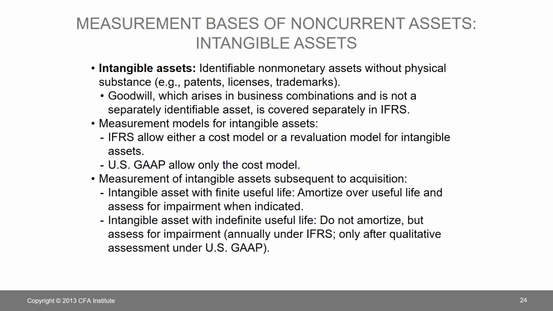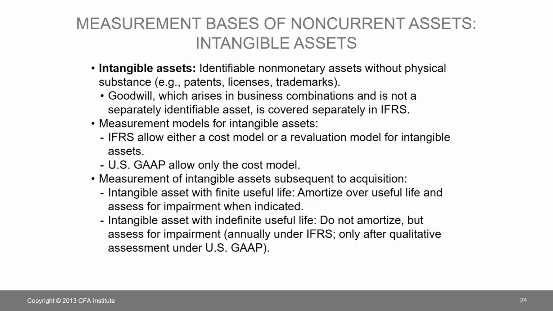An intangible asset with a finite useful life is amortized on a systematic basis over the best estimate of its useful life, with the amortization method and useful life estimates reviewed at least annually. Impairment principles for an intangible asset with a finite useful life are the same as for PP&E. An intangible asset with an indefinite useful life is not amortized.